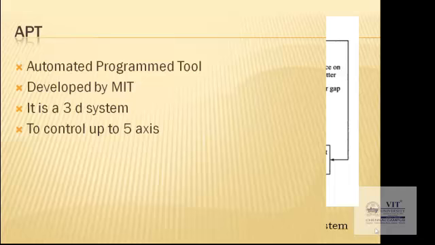To control, the control parameters were required. So during that time, the APT language was introduced to give the parameters. It is like a command executing operation. If you give a particular command, that command is executed in the controller.